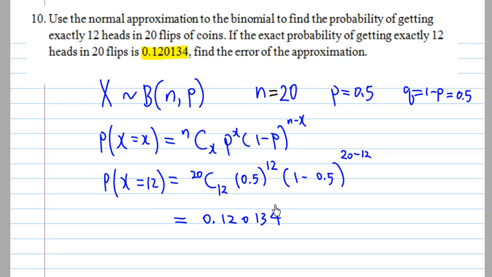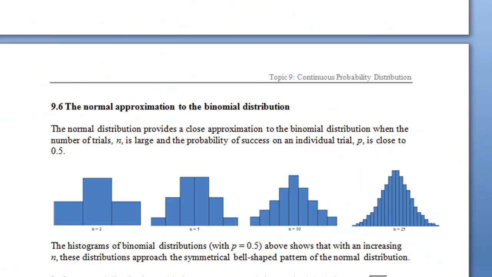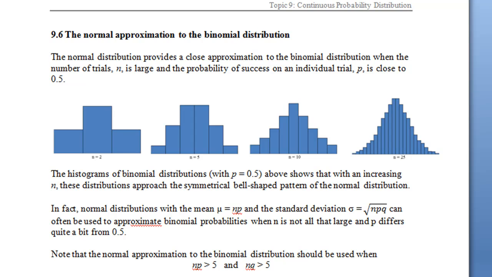Now, if we use a normal approximation, how do we do that? Let's recall some notes first. In the handout, we know that the normal distribution provides a close approximation to the binomial distribution when the number of trials n is large and the probability of success on an individual trial p is close to 0.5. However, our n is only 20, not really large.